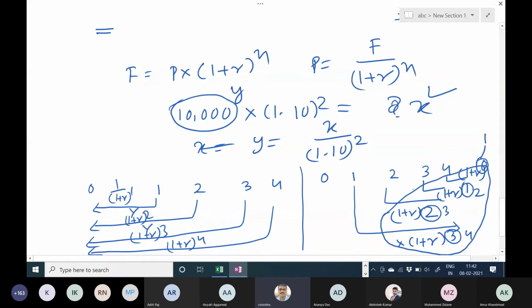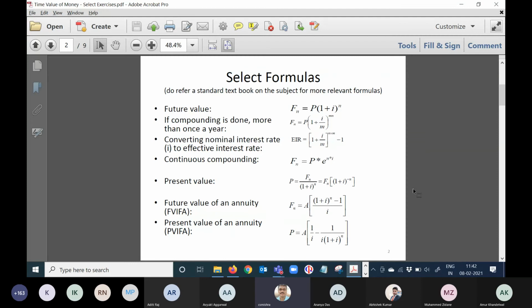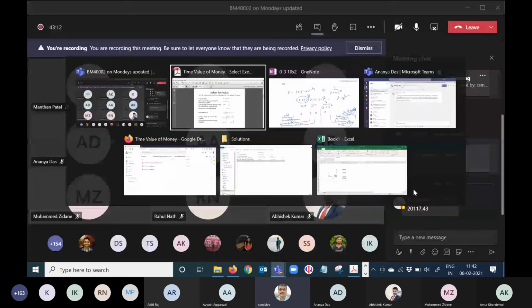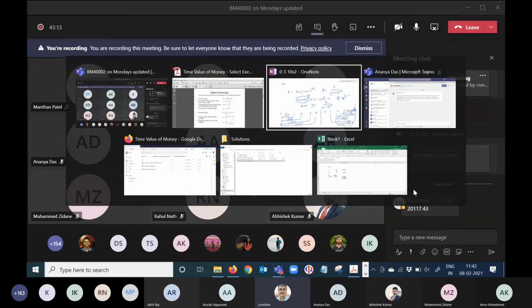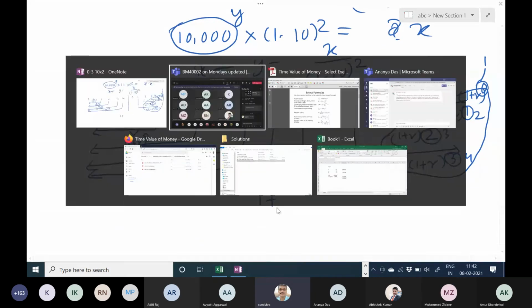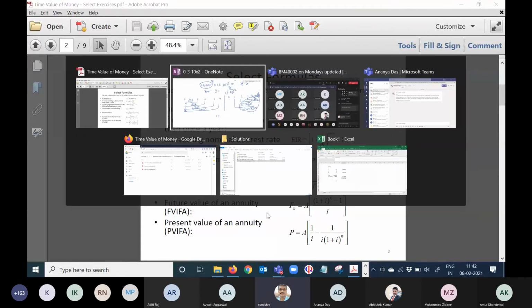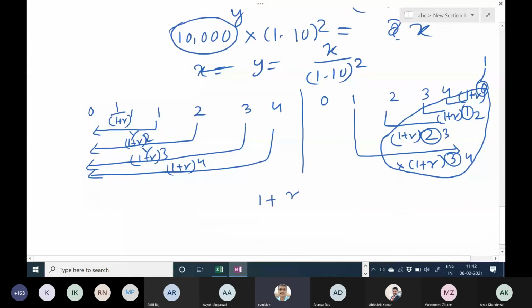So what will happen in that case? If I go to this formula, what is the future value annuity formula? Yes, tell me. 1 plus r to the power n minus 1, divided by r.